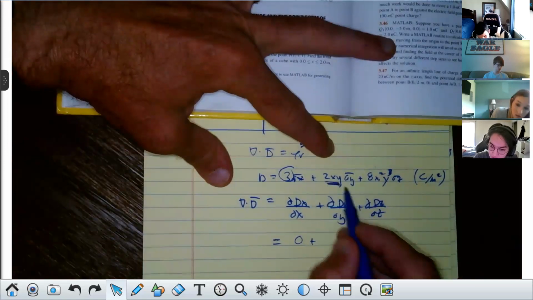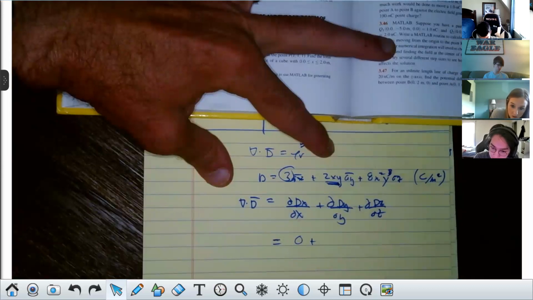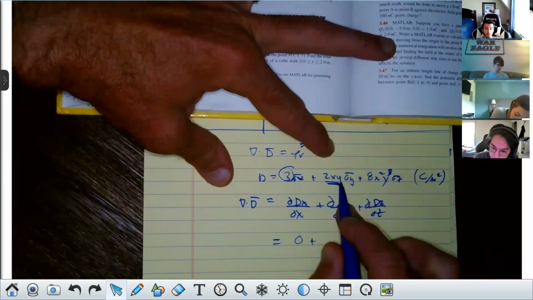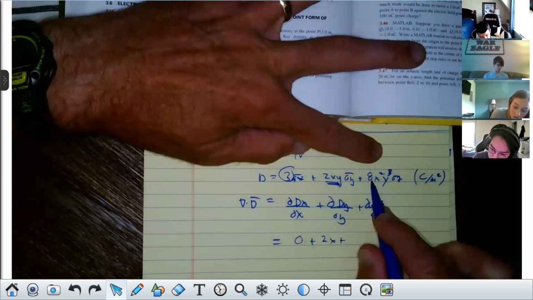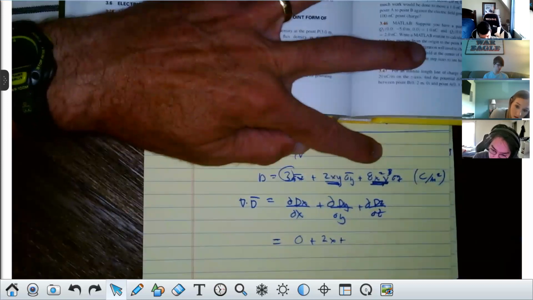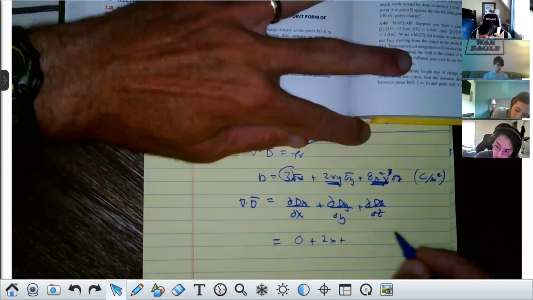What's the derivative of that with respect to y? 2x. Finally, the derivative of Dz with respect to z is what? It's 0, correct, class?